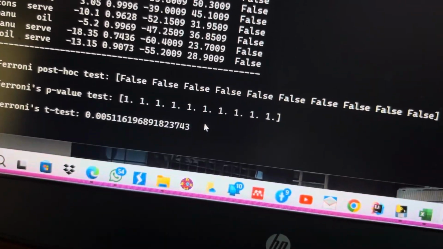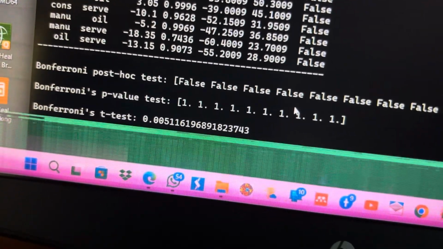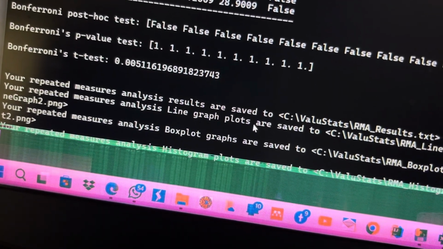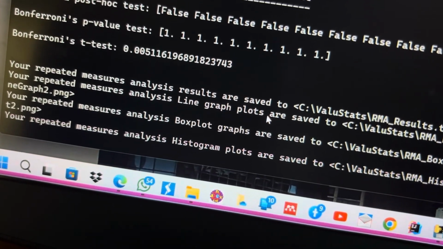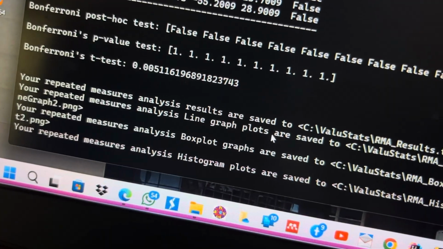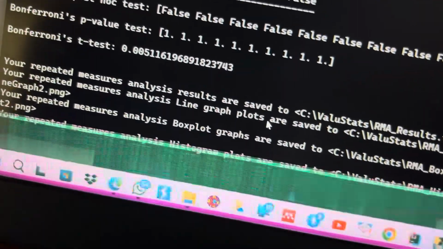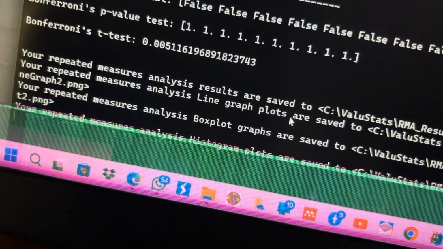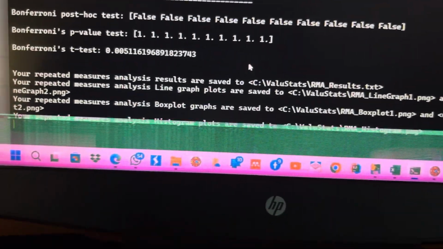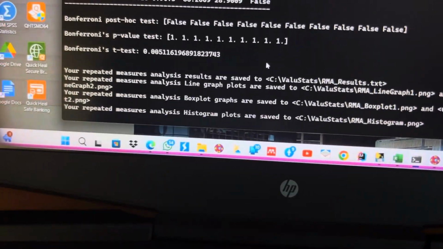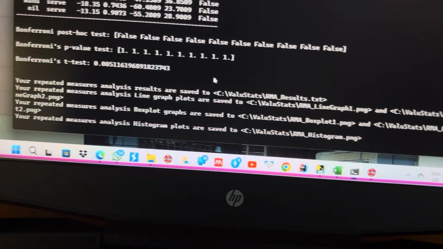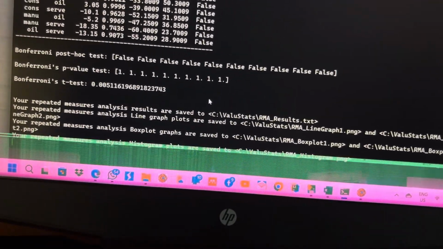The null hypothesis is true. And then, of course, the Bonferroni t-test is showing not significant this time around. The t-test result is 0.000, and so on and so forth. So that is about the repeated measure analysis in this case.